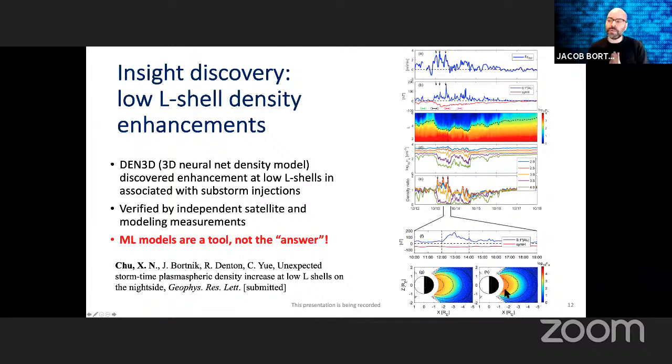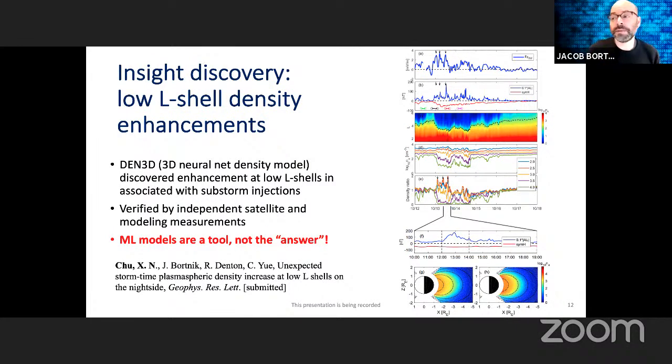And in fact, we then went back to our original data. We saw that these enhancements were in there, and we went to IMAGE RPI data and other IMAGE in situ data. And we've shown cases where indeed on the night side, in association with injections, we have these temporary spikes in the electron density at low L shell, these low L shell spikes. So this is a discovery.